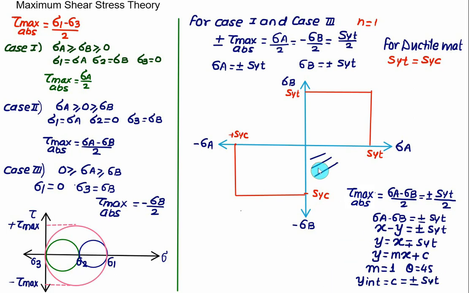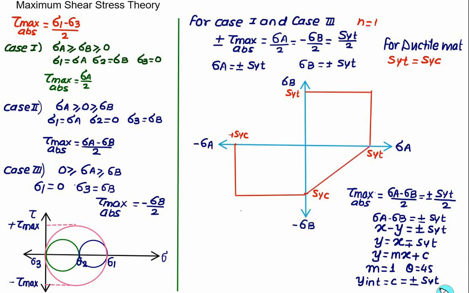So for this zone you have to construct one straight line which has slope equal to 1. That is, you have to join the SYC and SYT, because SYT and SYC are identical values. So if you join them, then you will get a slope equal to 1. And here the y-intercept is equal to minus SYT, that is same as SYC. So join SYC and SYT, that will represent our case 2.